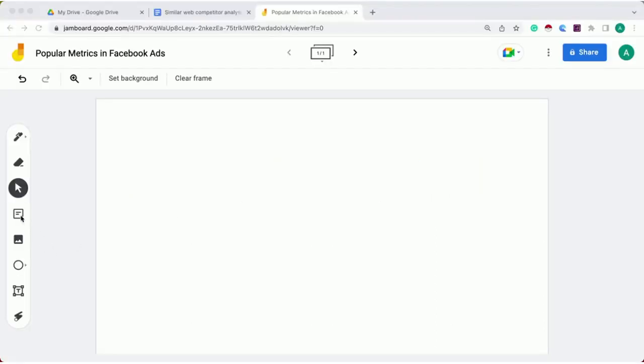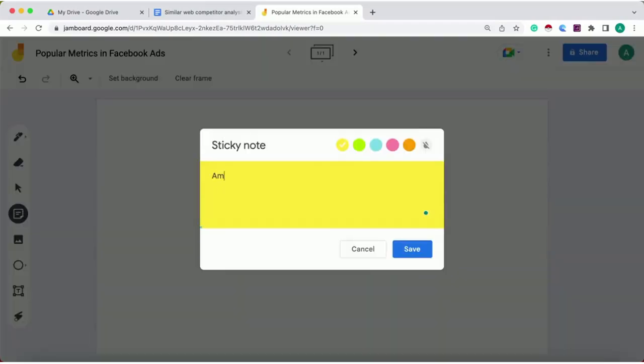Let's start with the first metric, which is amount spent. Now, what is this amount spent? Amount spent refers to the total cost of your Facebook ad campaign over a specific period.